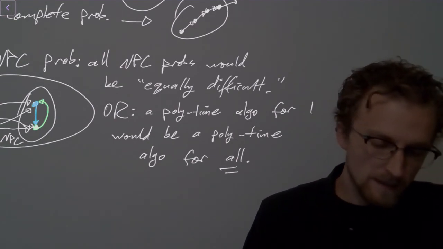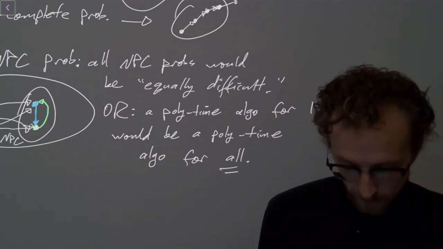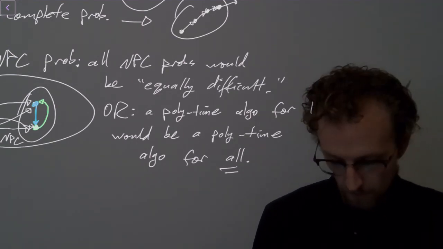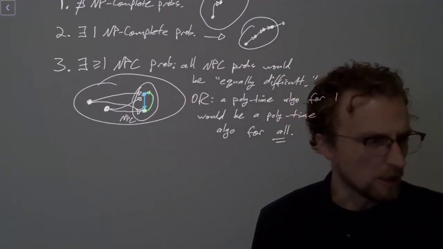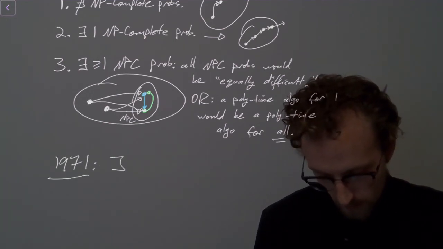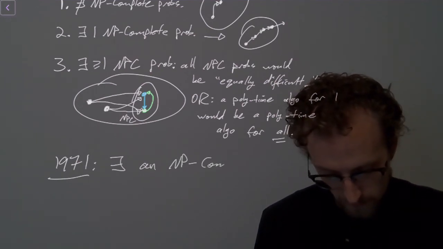So what happened in 1971 is that somebody said there exists an NP complete problem. Okay, so in 1971, Cook said that there is an NP complete problem. There's a bit of a history lesson here.